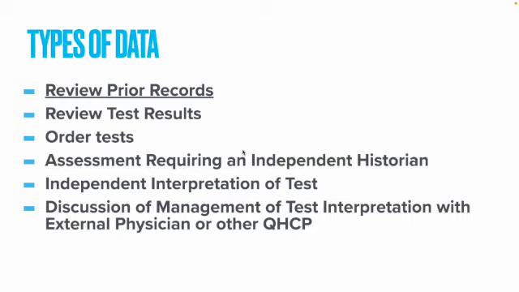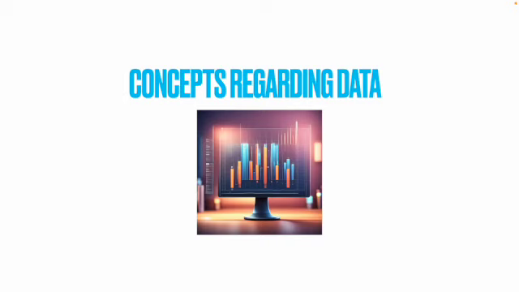And then we have discussion of management or test interpretation with an external physician or other qualified healthcare provider. And when they say that, they mean your PAs, your physician extender type people, and some others, but mostly they're talking about PAs, nurse practitioners, certified nurse midwives, those kind of staff that are physician extender type staff.